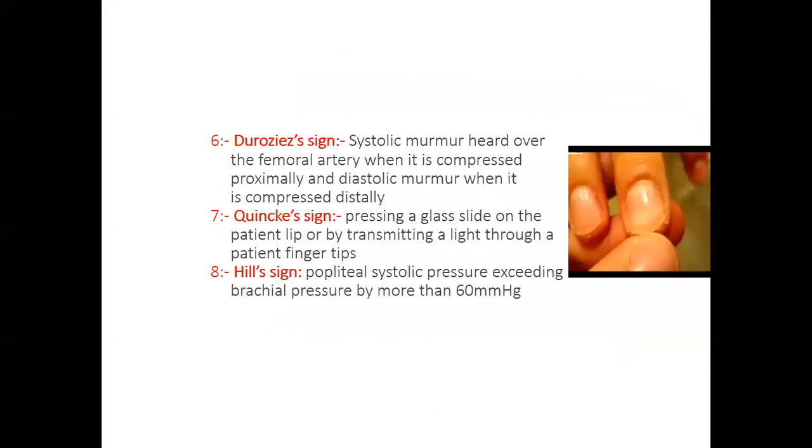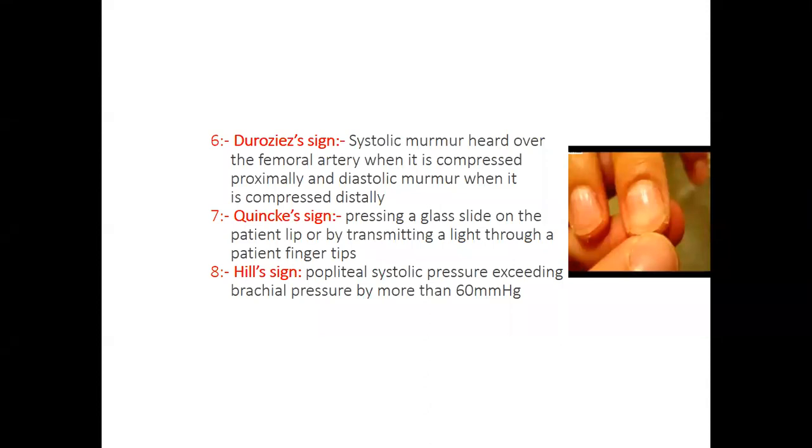And the next sign is Duroziez's sign. This is a sound heard over the femoral artery. If you press on the femoral artery and listen with the stethoscope, and there is a systolic sound, you call it a systolic murmur. If you press the artery and compress its distal part, and you hear a diastolic sound, that is the diastolic murmur.